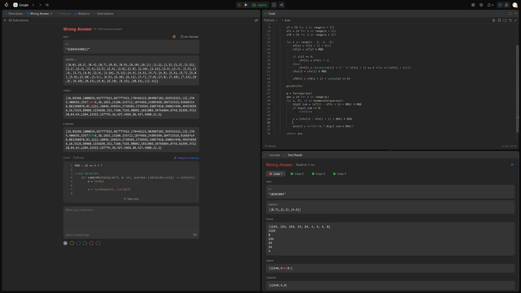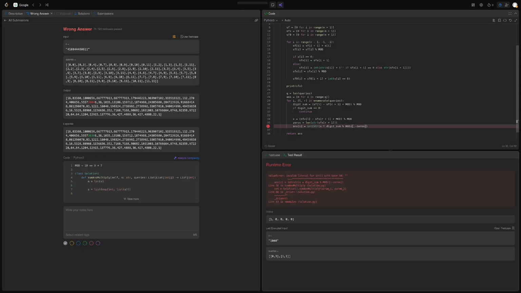Okay, so trim zeros is len str suffix r plus 1, and then we do that will exclude the last, and we want to exclude the last zeros.